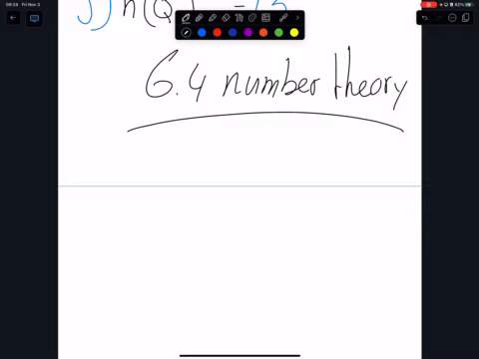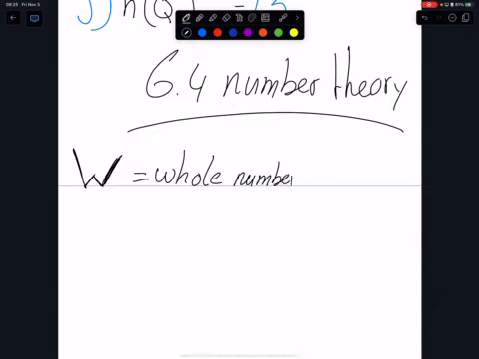In the days of the first century, the only numbers that existed was the set of whole numbers. And what is the set of whole numbers?